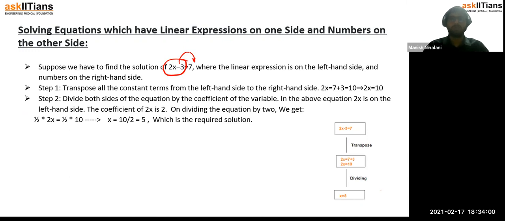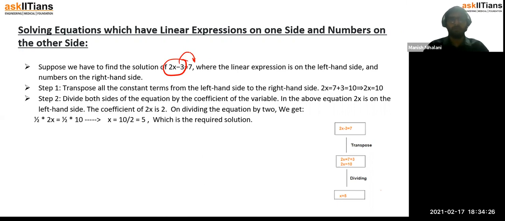When you change the value of the variable, the entire equation changes, because the equation will be true for a particular value of the variable only. And when we say you have to solve the equation, it simply means you have to find the value of that variable for which the equation holds true.